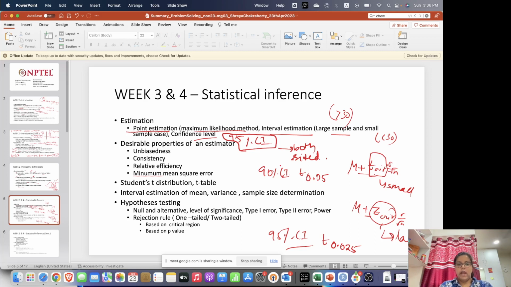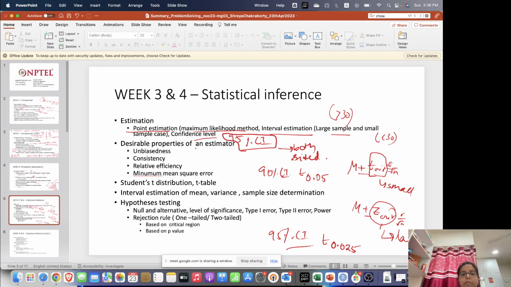So as I was saying about the desirable properties of an estimator, it is desirable that we have an unbiased estimator, and a consistent estimator, that is as n tends to infinity, the variance of the estimator goes to 0, which essentially implies that the sample estimate is moving closer and closer to the population estimate as we increase the number of samples in our study.